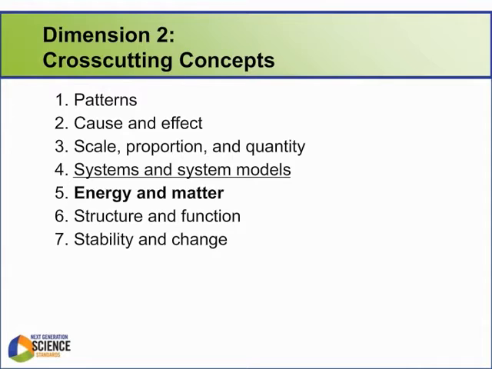So energy and matter is a disciplinary core idea in the Next Generation Science Standards, but it's also a cross-cutting concept. So the idea that energy and matter flow through living systems, earth-space systems, and physical systems. Number 6 is structure and function. And number 7, stability and change.